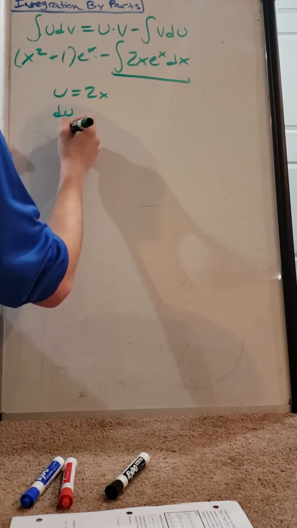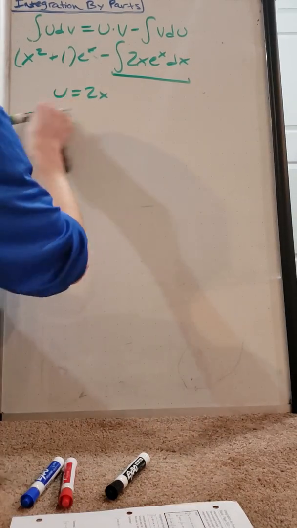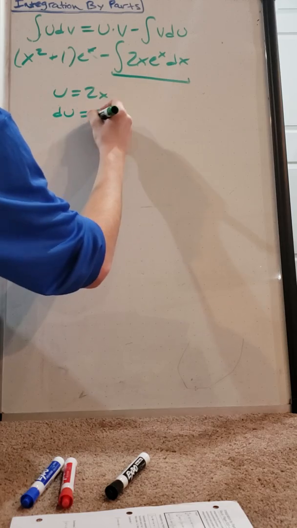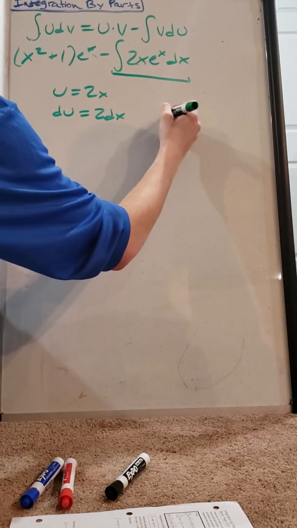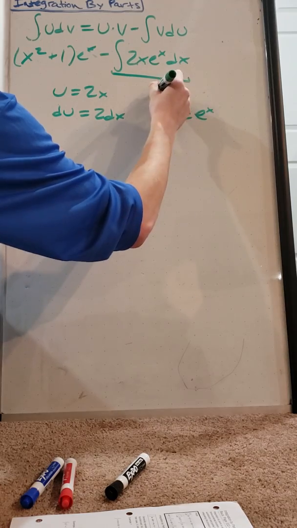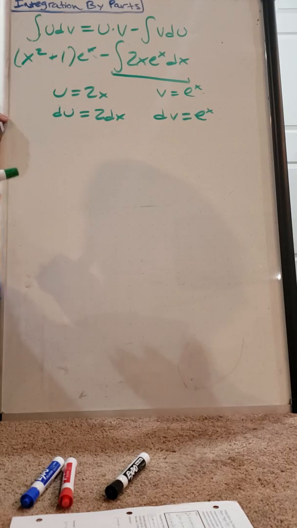So du equals 2 dx, and your dv again will be e to the x, so your v is e to the x. We plug this in again.